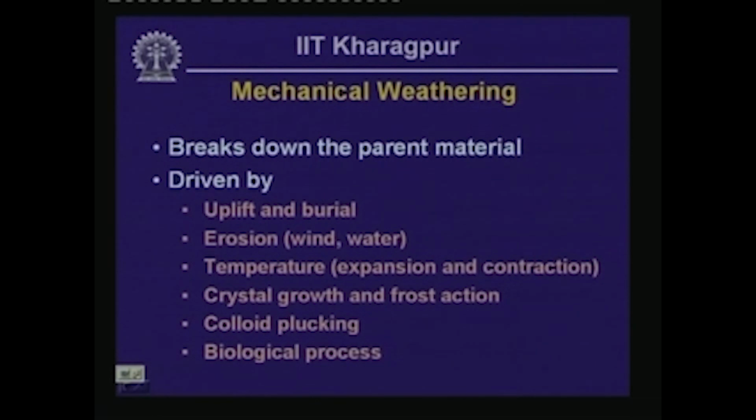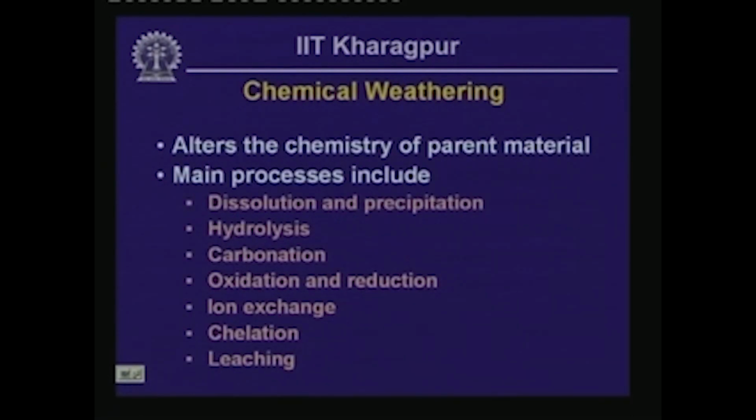Colloid plucking or shrinkage of colloids as they harden can also crack rock mass and give rise to mechanical weathering. Biological processes can also cause mechanical weathering. So these are the major agents that drive mechanical weathering.